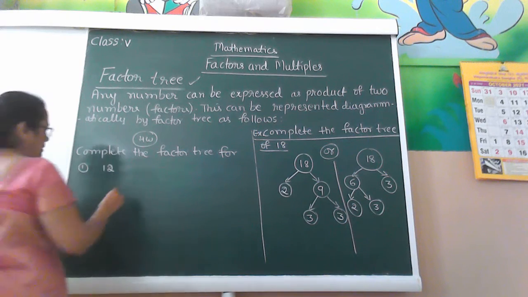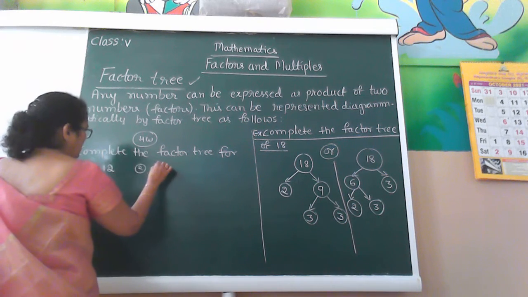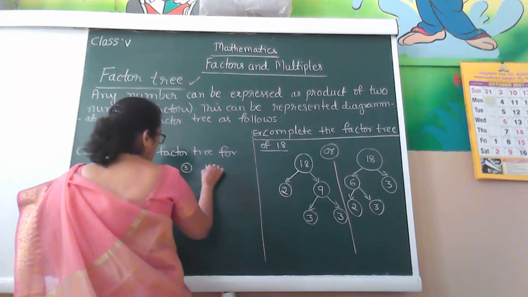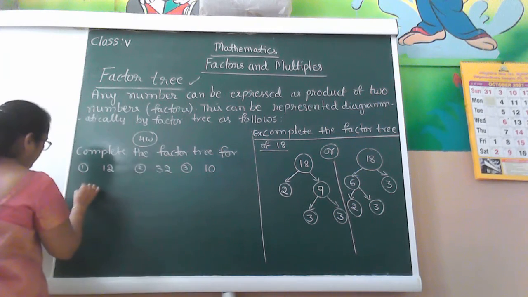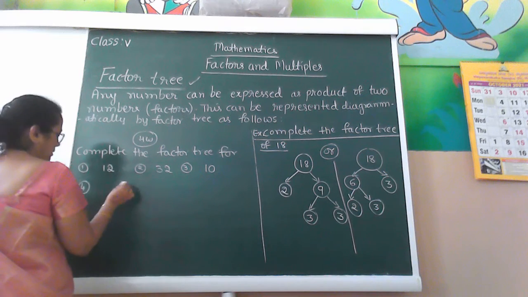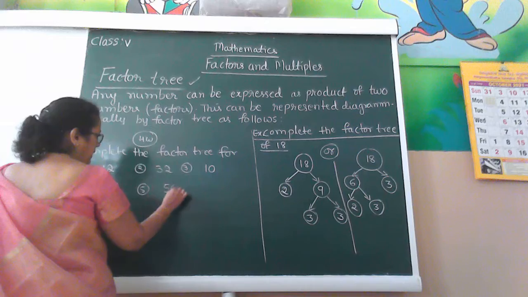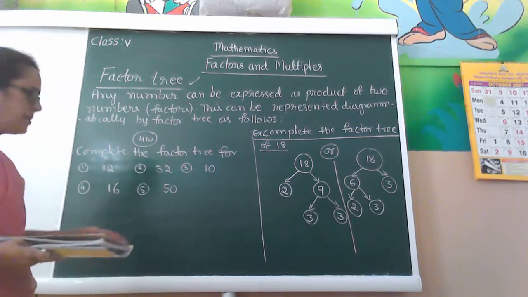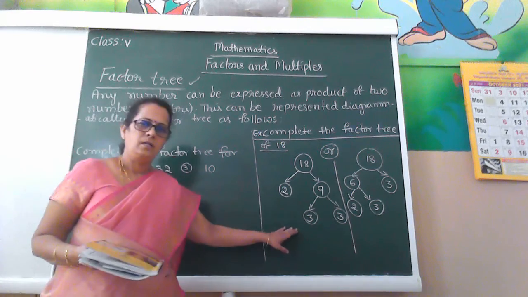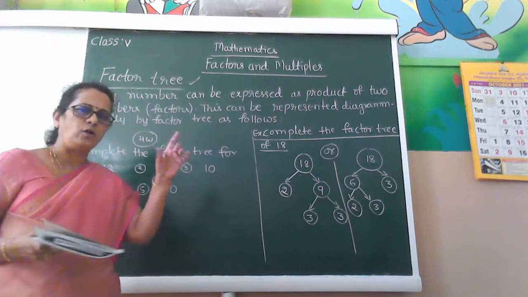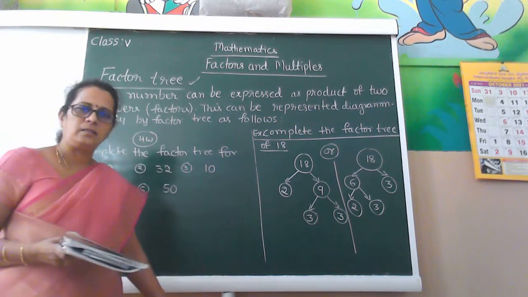Then the second one is 32, the third one 10, the fourth one, and the fifth 50. I have given 5 sums. Complete them by drawing the factor trees.